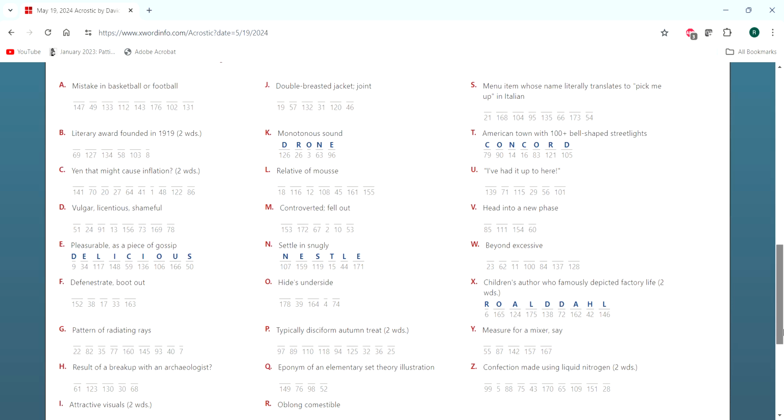We're getting somewhere. Yen that might cause inflation, of course, is a pun on currency, but a yen is a desire that might cause inflation, probably to have a bigger belly. So there's going to be something in here probably about food.